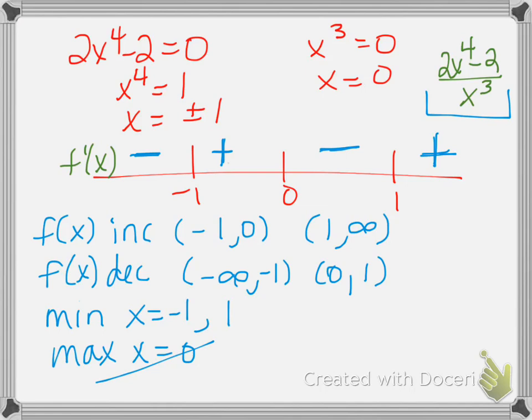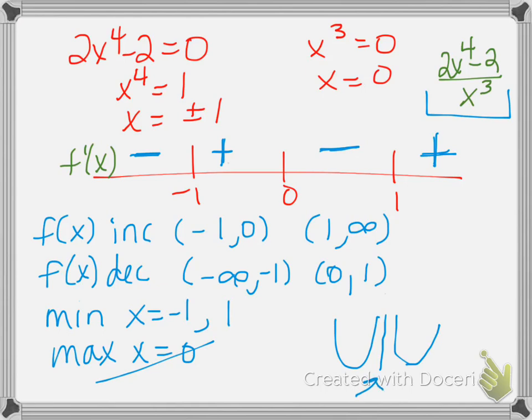That's only because when I plug in 0 into the original equation, it's undefined. There would be a 0 on the bottom. So there's really not a maximum. And if I graph that original graph, it looks kind of like that. Over there on the end, it actually goes up a little bit, but it kind of looks like that, where this is an asymptote. So just so you can see the graph.